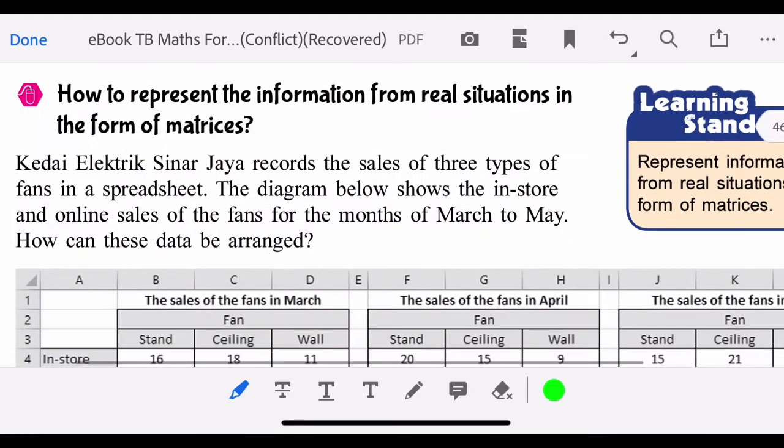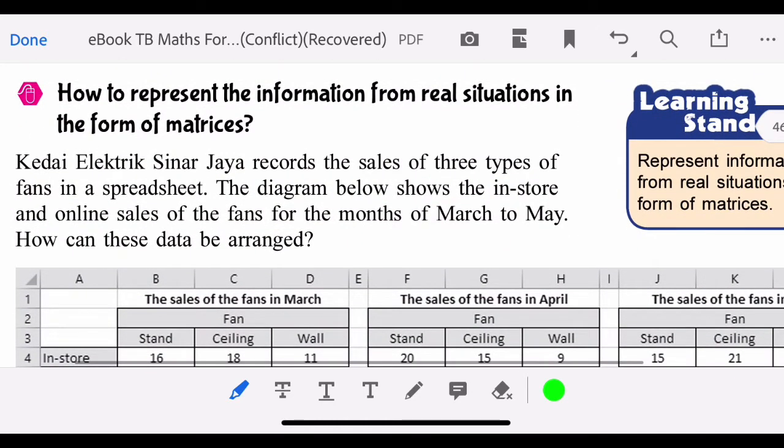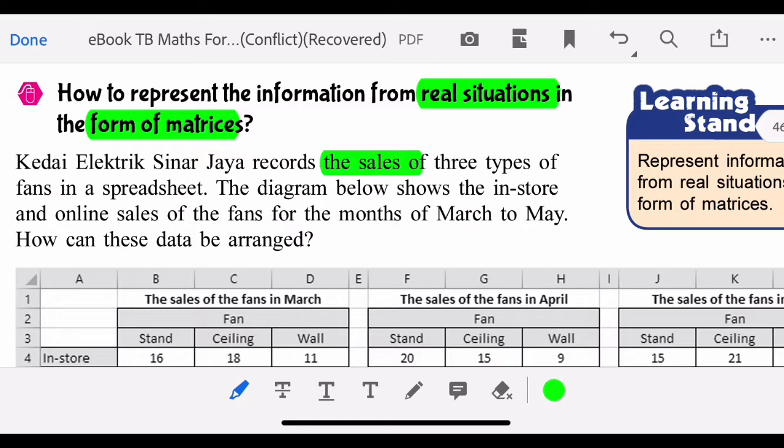Now, how to represent the information from real situations? So we want to convert the real problem into the form of matrices. Okay, let's study this. Kedai Electric Sina Jaya records the sales of 3 types of fans in a spreadsheet.